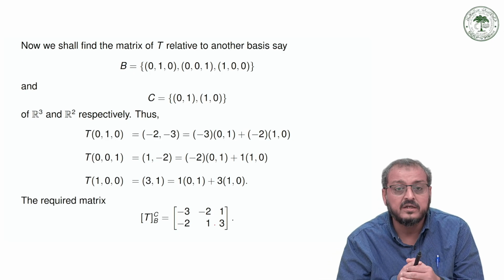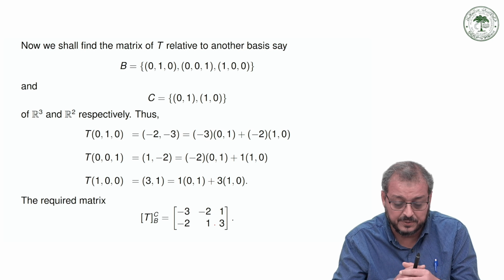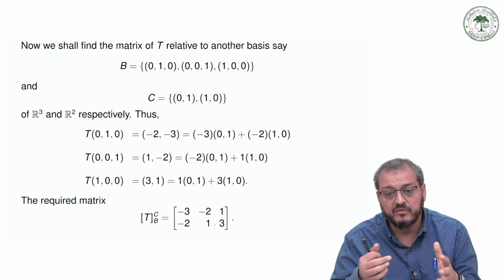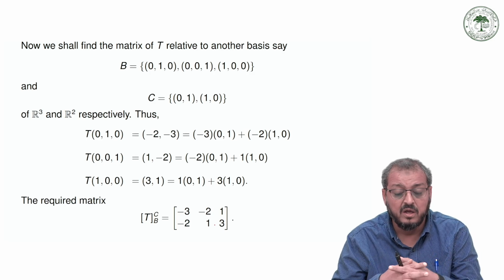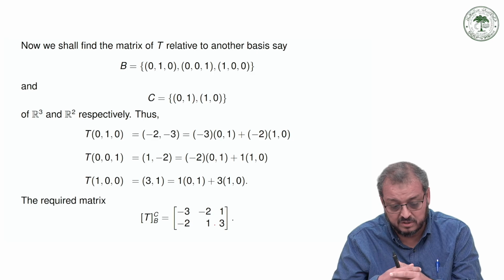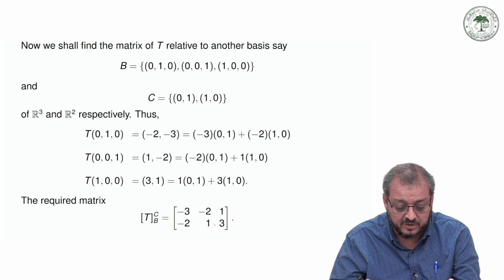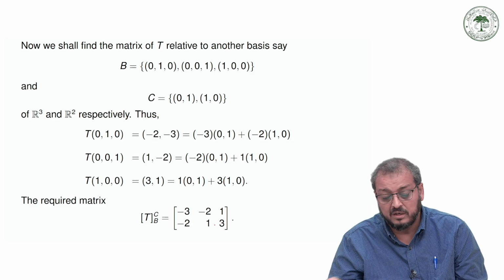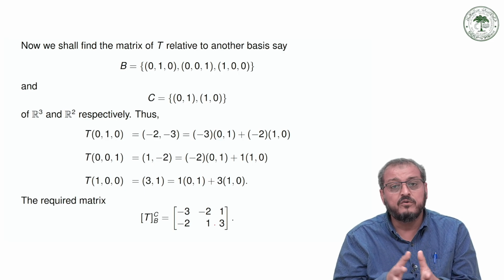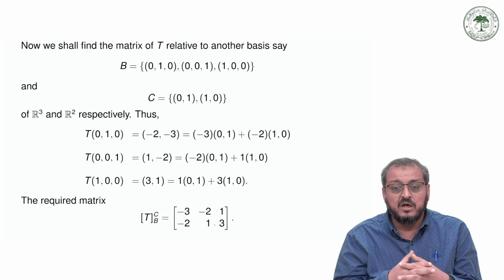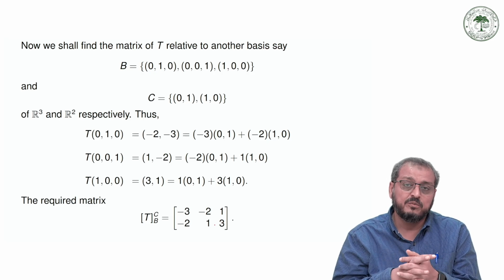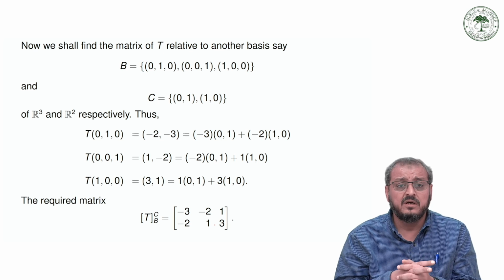Now I will discuss various examples and various types of problems. We choose different types of bases, and we get various problems, finally getting the transformation matrix corresponding to the transformation from B to C. So I think you are clear about how to calculate a matrix transformation using the standard basis.